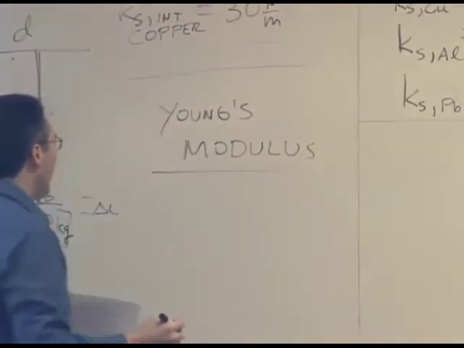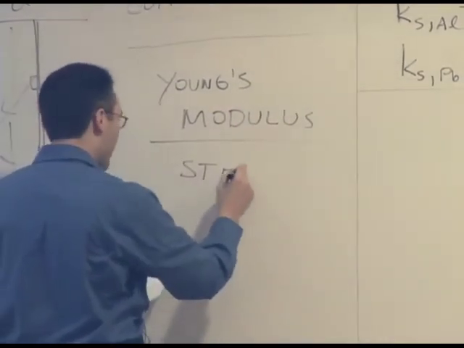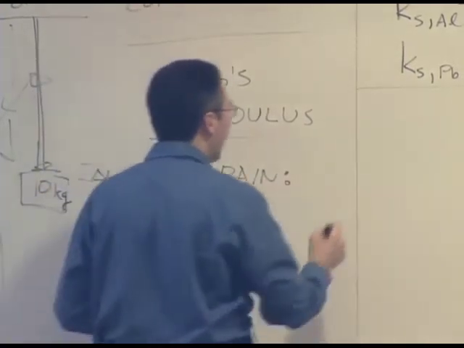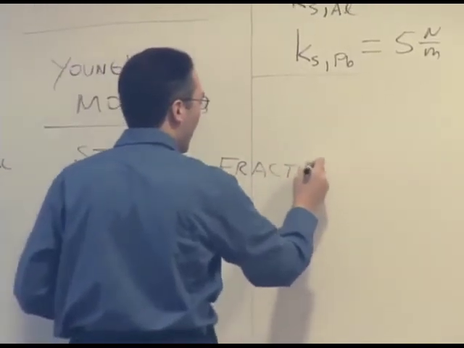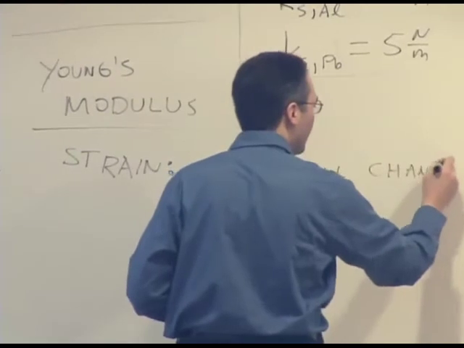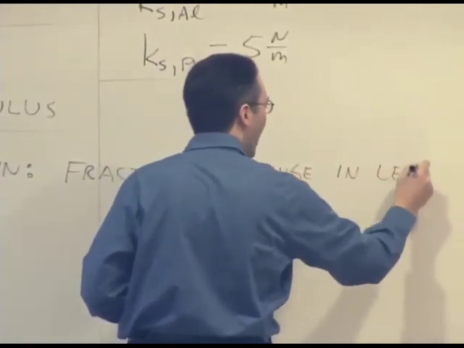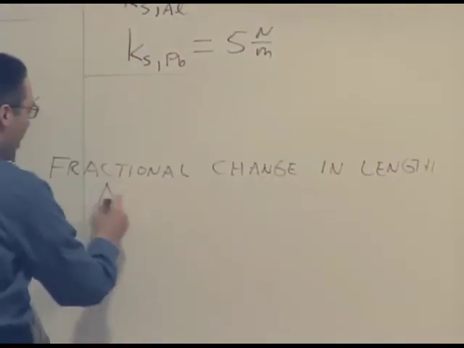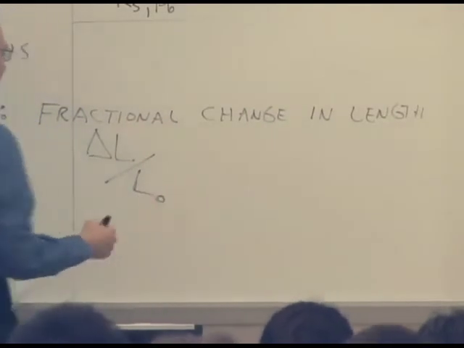And let me define 2 things. One I'm going to call the strain. And strain is just the fractional change in length, a fractional stretch of a wire in tension, for example. So that would be the change in length, delta L, divided by the original relaxed length, L sub 0.